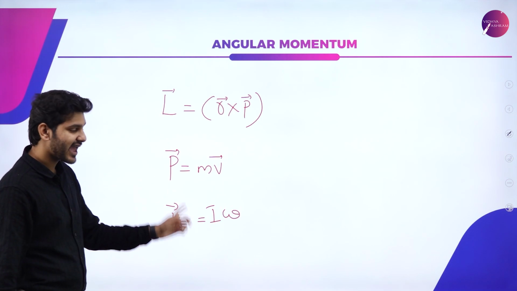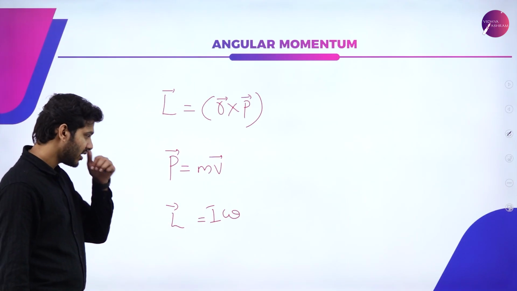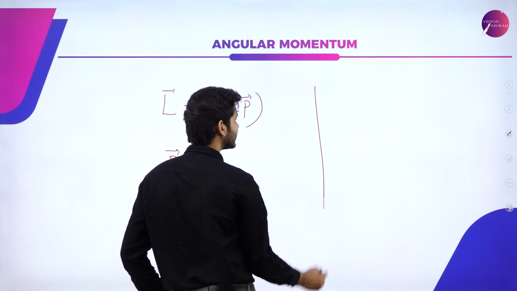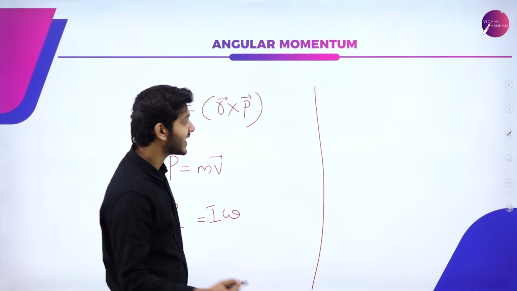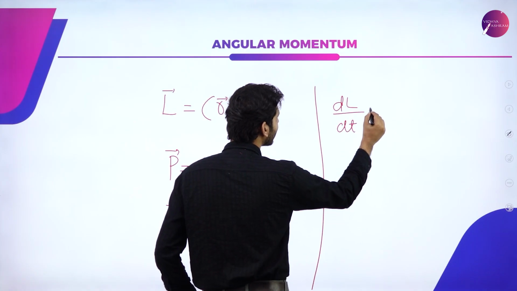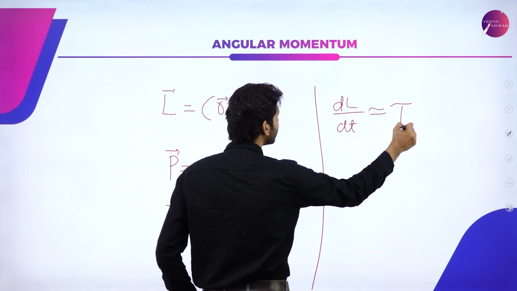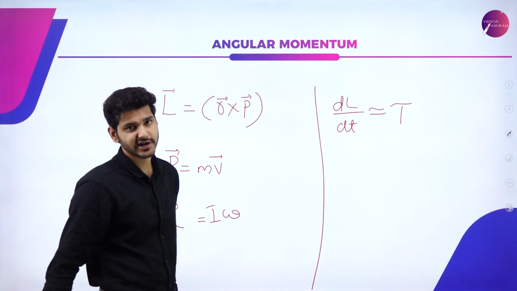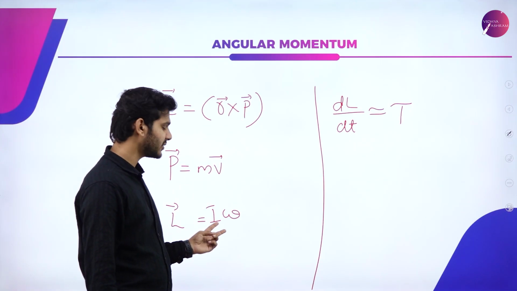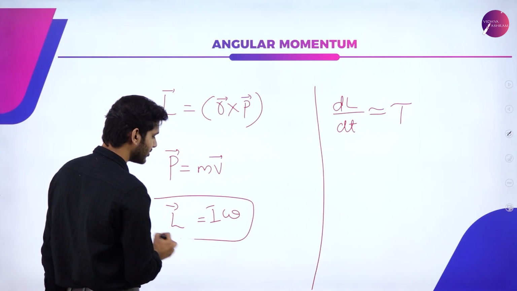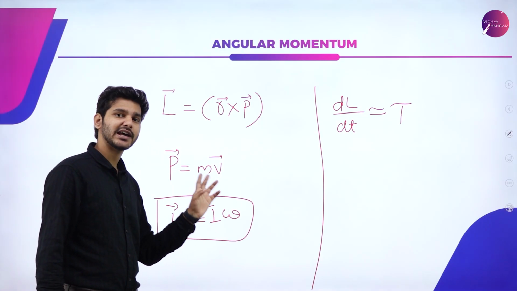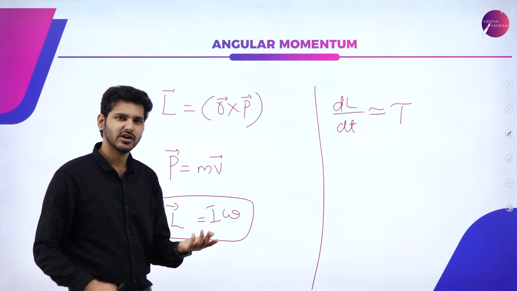Now, what does the second law state? The second law in rotational motion states that the rate of change of angular momentum is equal to the net external torque applied. So in this equation I am going to put L is equal to I omega. It just means moment of inertia times angular velocity, or angular frequency.